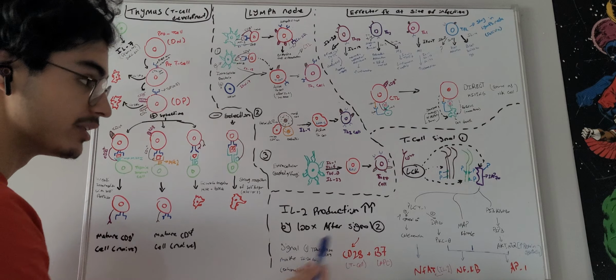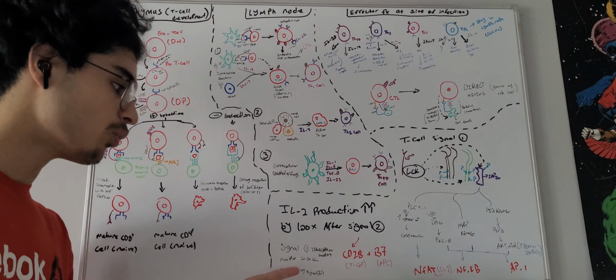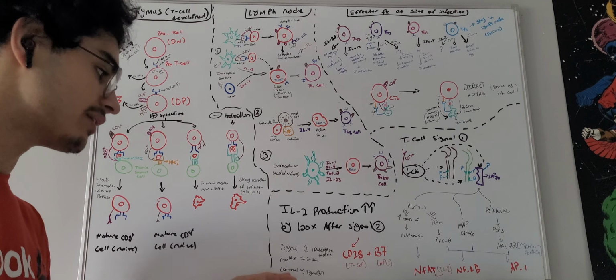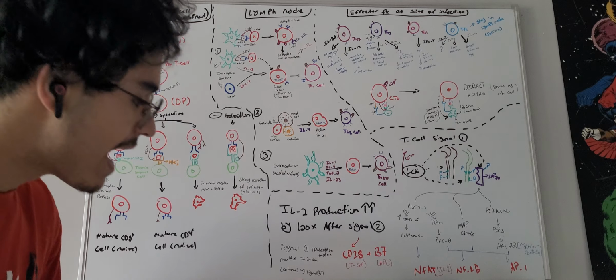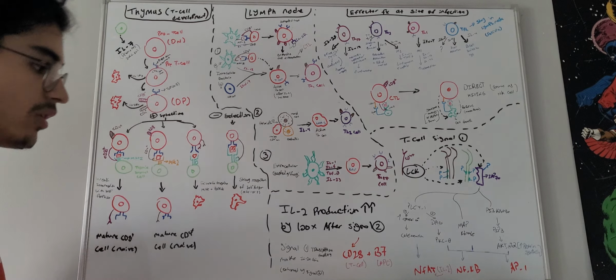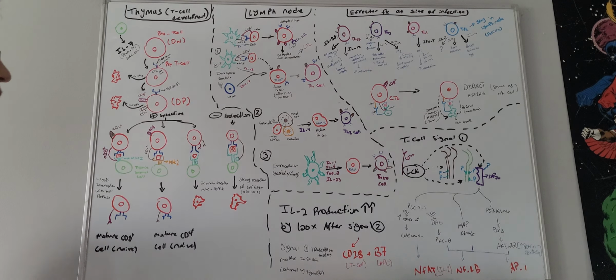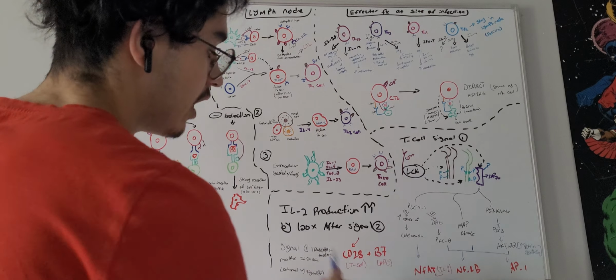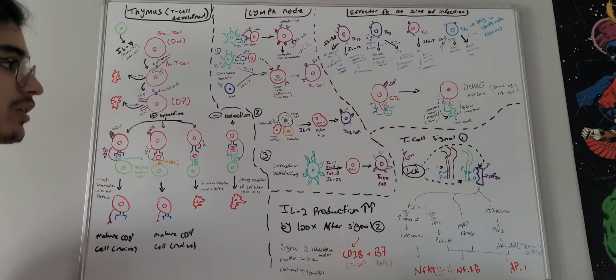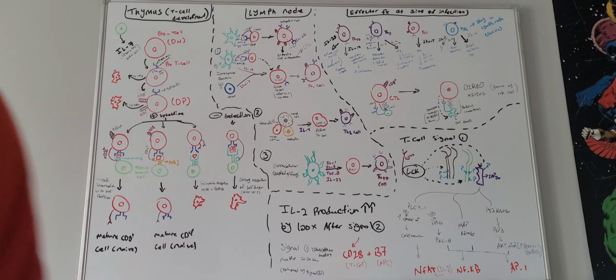One more thing about this signaling mechanism is that signal 1 transcriptional factors, like I said, they make interleukin 2 alpha chain, and that's enhanced by signal 2, okay? So signal 2 really enhances everything that signal 1 does, okay? And specifically 100-fold interleukin 2 production. That's that. Okay, that's what you need to know.